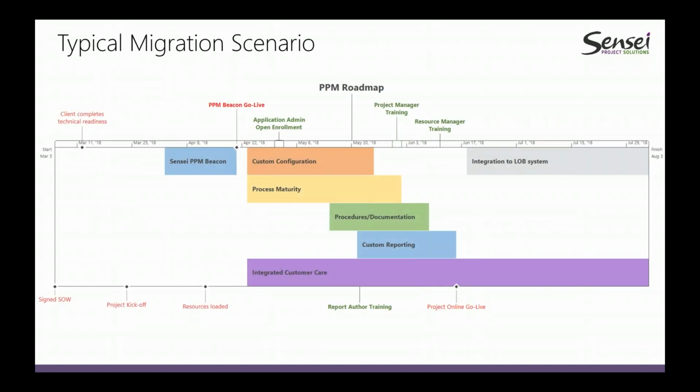What does a migration scenario look like? Well, this is a template for our deployment of our beacon solution. And really what happens is we deploy a reference configuration of the beacon solution in about 3 weeks.